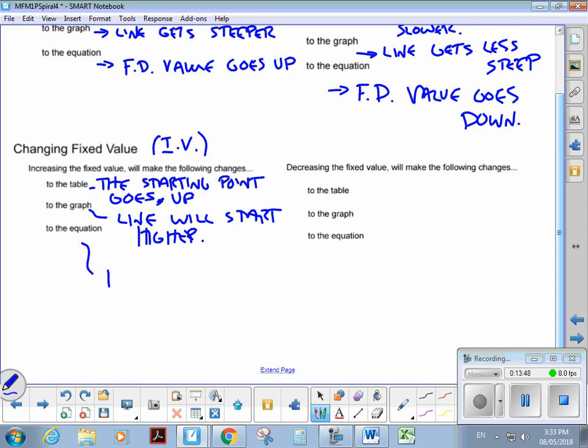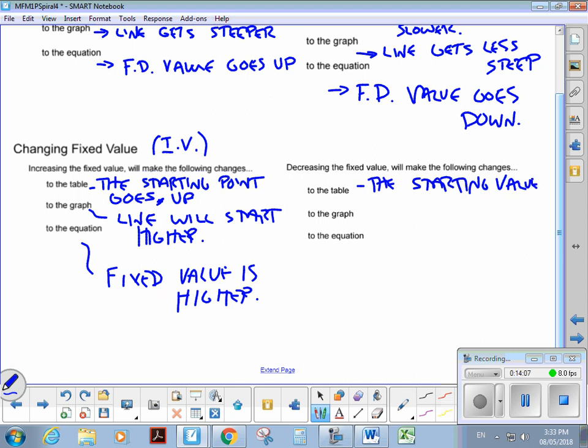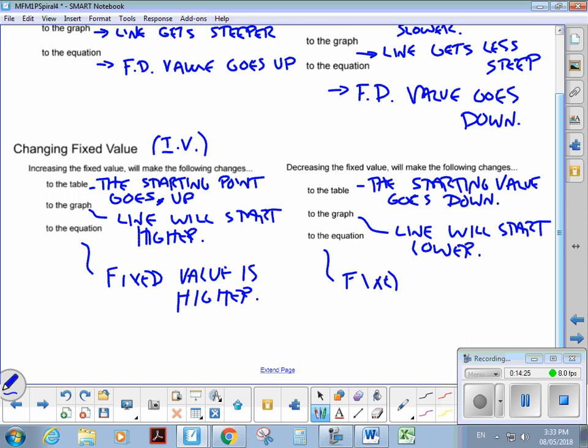And to the equation, the fixed value is higher. What about the table if it decreases? The starting value goes down. To the graph, the line will start lower. And for the equation, the fixed value is smaller.